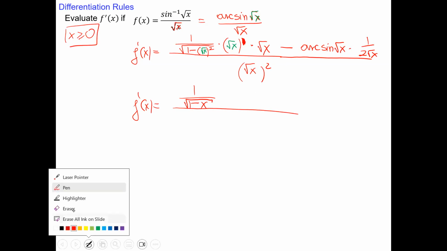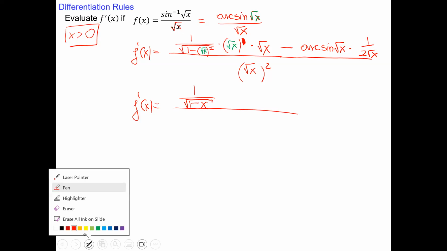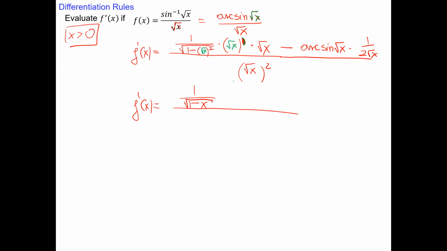Actually, we cannot accept 0 because we do have also square root of x in the denominator, just positive numbers. Okay, derivative, now the green, derivative of square root of x, the same, 1 over 2 square root of x, times square root of x minus arcsine of the square root of x, 1 over 2 square root of x. Square root of x squared is x.